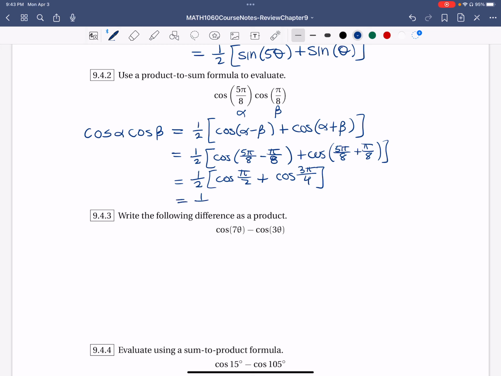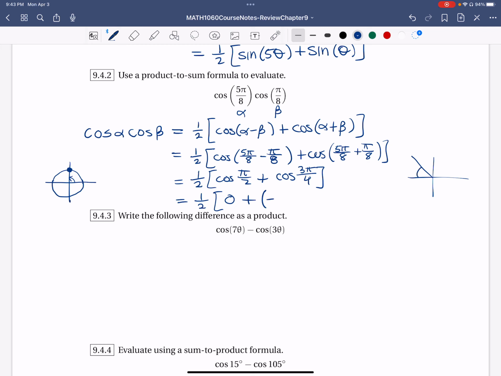Okay, and we're supposed to evaluate these. Of course, cosine of pi over 2, we know that is going to be 0, because that is the x value. If we look on our unit circle at pi over 2, the x value there is 0. So we have 0 plus cosine of 3 pi over 4. Now 3 pi over 4 is in the second quadrant, so we're going to get a negative number there.